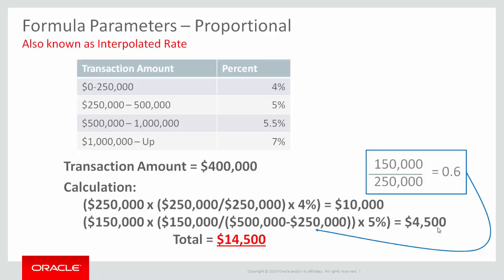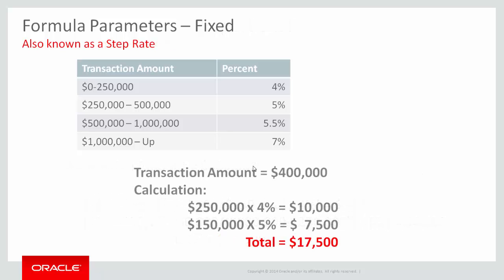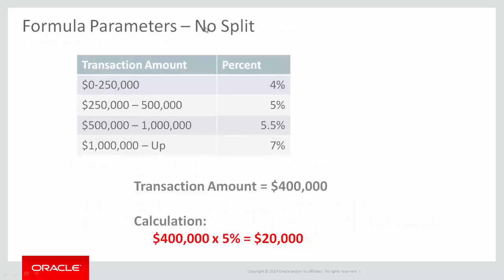So the question is, why would a customer choose no split versus non-proportional versus proportional? One reason might be their business justification. But two is, look at the impact. We're using the exact same rate table and the exact same transaction amount of $400,000. If we go back a little bit, the no split yields a payment of $20,000.